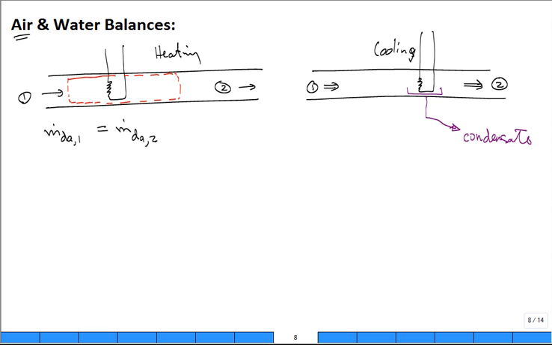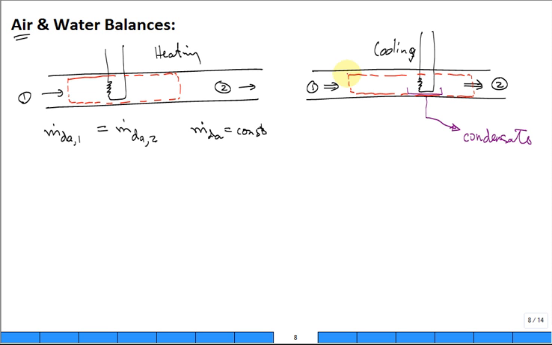It's running at steady state. Is there any more in or out, source or sink of dry air for this problem, or is that a good air balance? We're done with the air balance. A lot of times they look at that and say, well, this is pretty trivial. They just say m dot dry air is equal to a constant. It's the same in as out. Do the same on the cooling side. M dot dry air is equal to a constant.